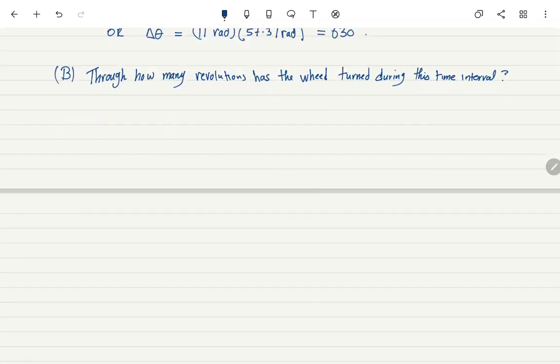Now in the same question, through how many revolutions has the wheel turned during this time interval? Now delta theta equals 630 degrees. We need to convert these degrees into revolutions, so we multiply by 1 revolution, and each revolution is equal to 360 degrees, and you will find 1.75 revolutions.